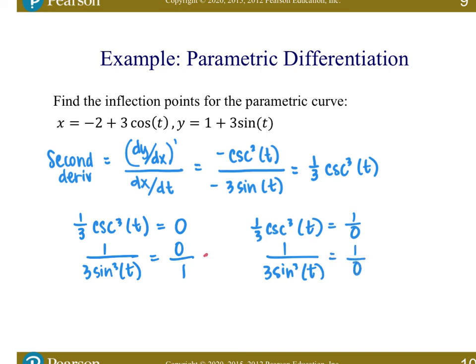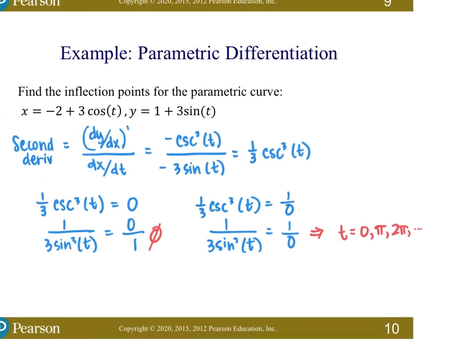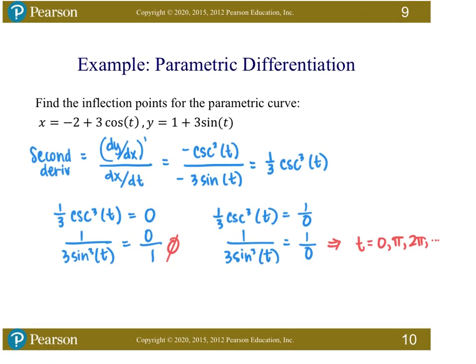And there are no solutions here, but when I set it equal to undefined, we get the parameters of 0, pi, 2 pi, etc. So that will be the place where the concavity is going to change. And hopefully you can picture that. That would be on the east and west poles, if you want to call it that, along the major axis, the horizontal axis of this ellipse. And that's where the concavity changes from concave up to concave down.